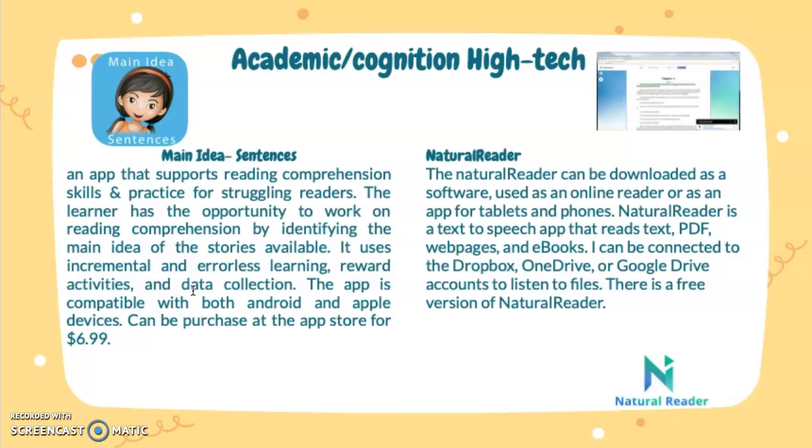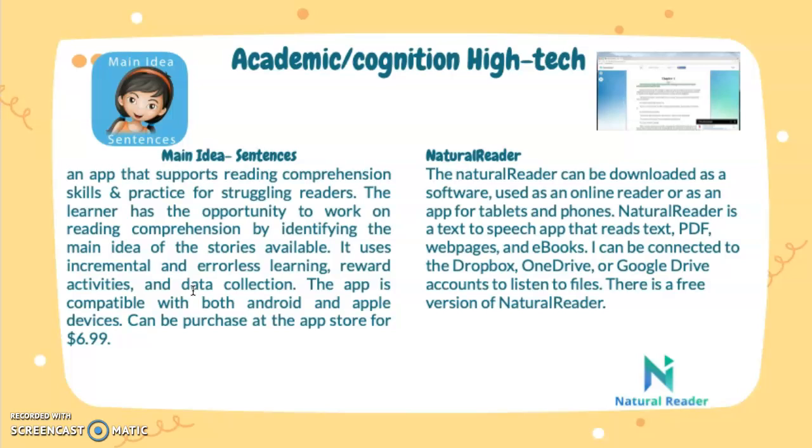Academic cognition, high-tech assistive technologies. The first one is Main Idea Sentences. This is an app that supports reading comprehension skill and practice for struggling readers. The learner has the opportunity to work on reading comprehension by identifying the main idea of the stories available.